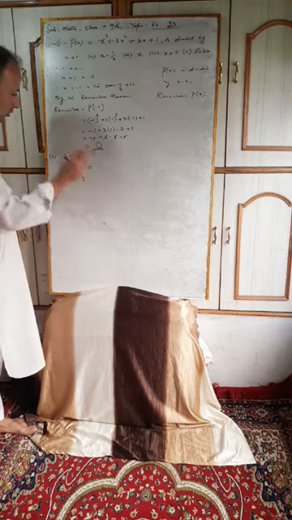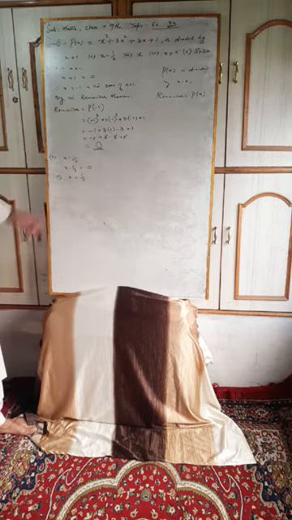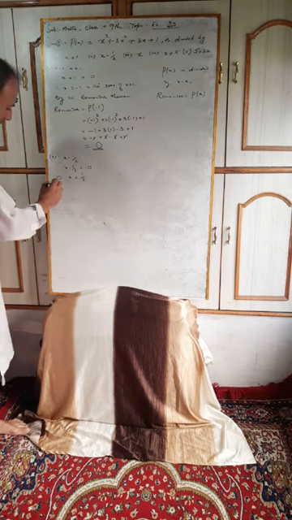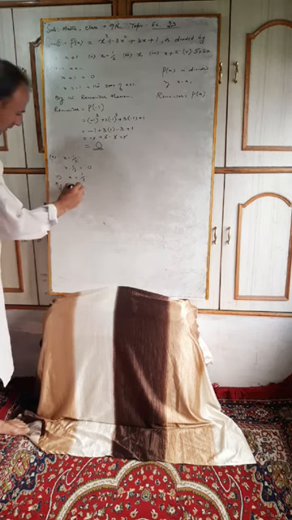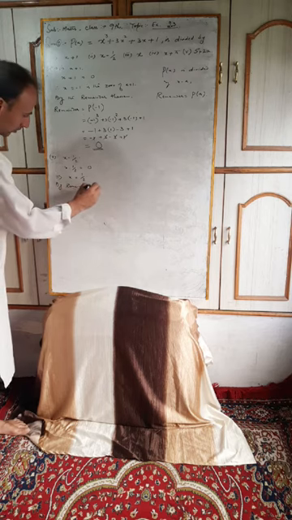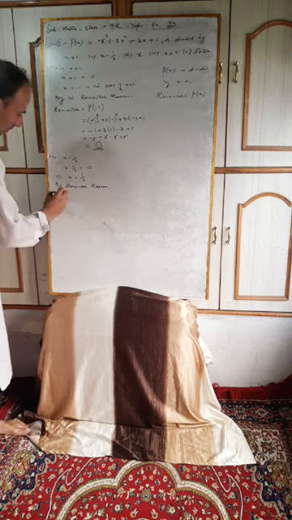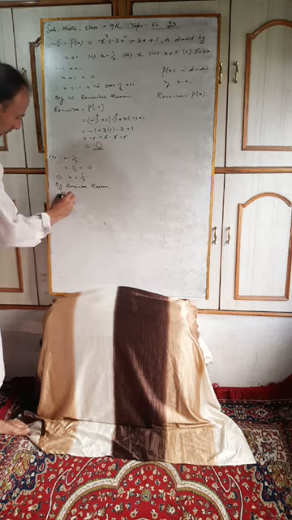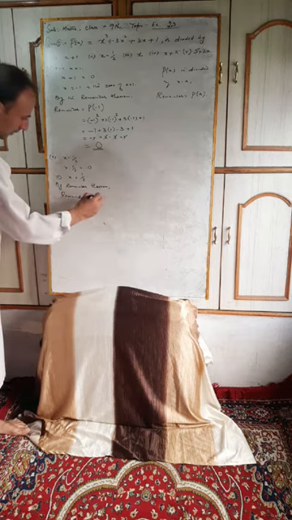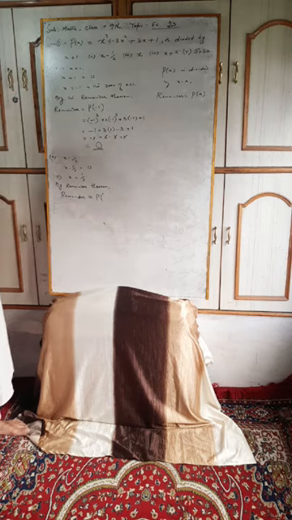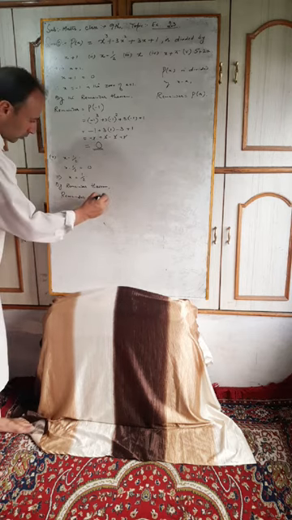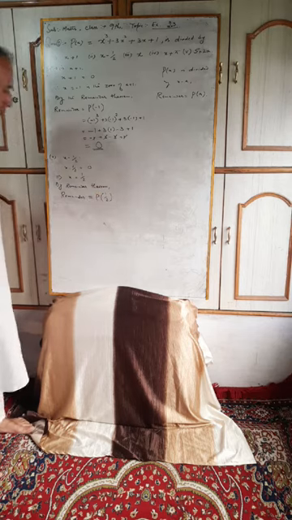Therefore, x = 1/2 is the zero of this linear polynomial. Hence, by the remainder theorem, remainder is equal to p(a), and in place of a we are having now 1/2, so it is equal to p(1/2).